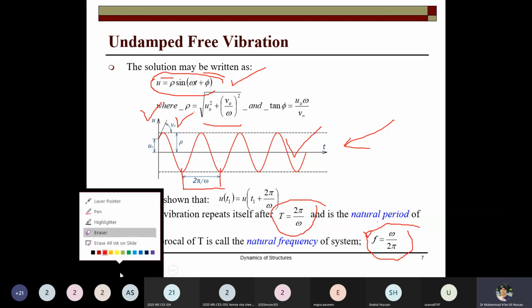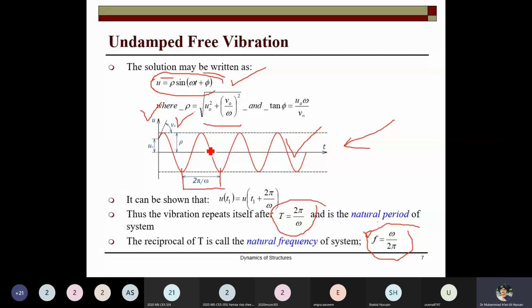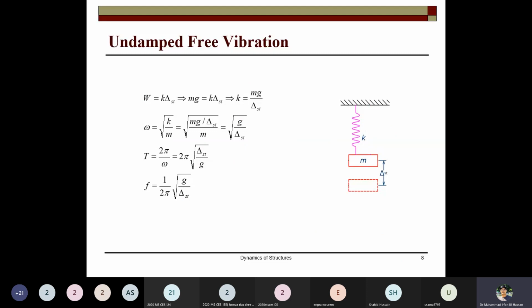So now you can see what the response is when the initial conditions are changed. Here the u naught was present, so this is the response, and the response can be obtained.